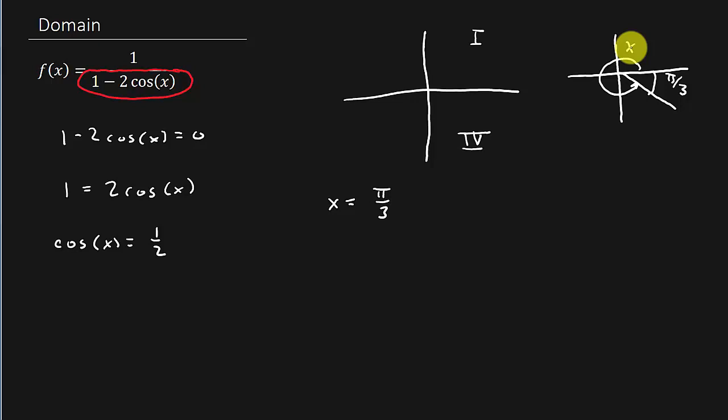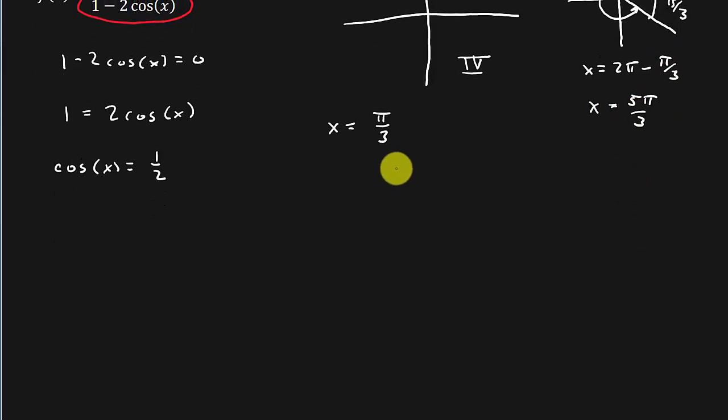Okay, remember your reference angle is measured off the x-axis. All right, so now we know that this angle x here is 2 pi, if we go all the way around, 2 pi minus pi over 3. So x is equal to 2 pi minus pi over 3. So we get x is equal to 5 pi over 3.